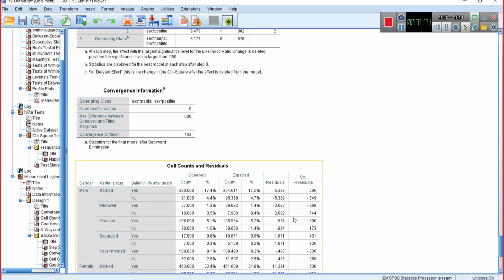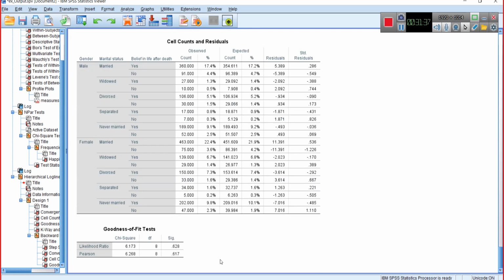So you may want to investigate the interaction of these variables through the standard residuals. If you look at the higher standard residuals, you can see that among females, non-believers who are married are less than expected, and for singles are more than expected.